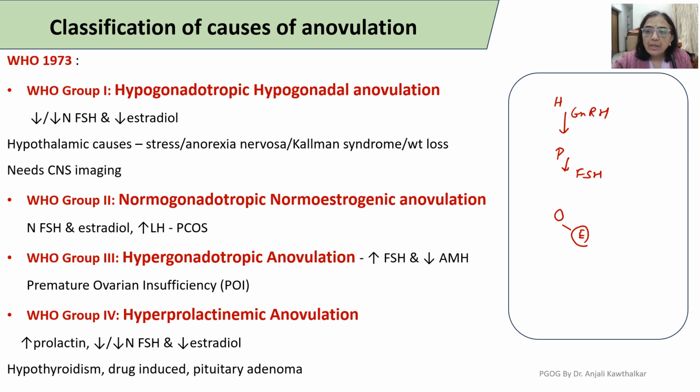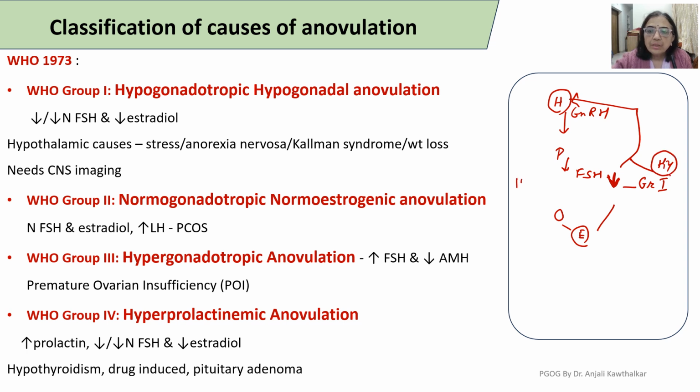Now if both are low, then it is WHO group 1. Whenever both are reduced, FSH is lowered, estradiol is also lowered, the problem is hypothalamic. That is what you remember: group 1, the problem is at the hypothalamus.